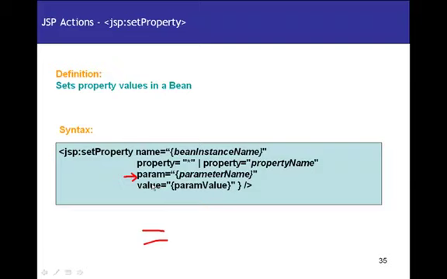So here the catch is you should have the same name for the input field so that it matches the input field name with the property name. So if I have properties as username and user ID, my input text box names should also be username and user ID, so that this can automatically map these values and update the bean with whatever values you have entered in those input fields, right? So that's how you can use the star version of the property attribute.